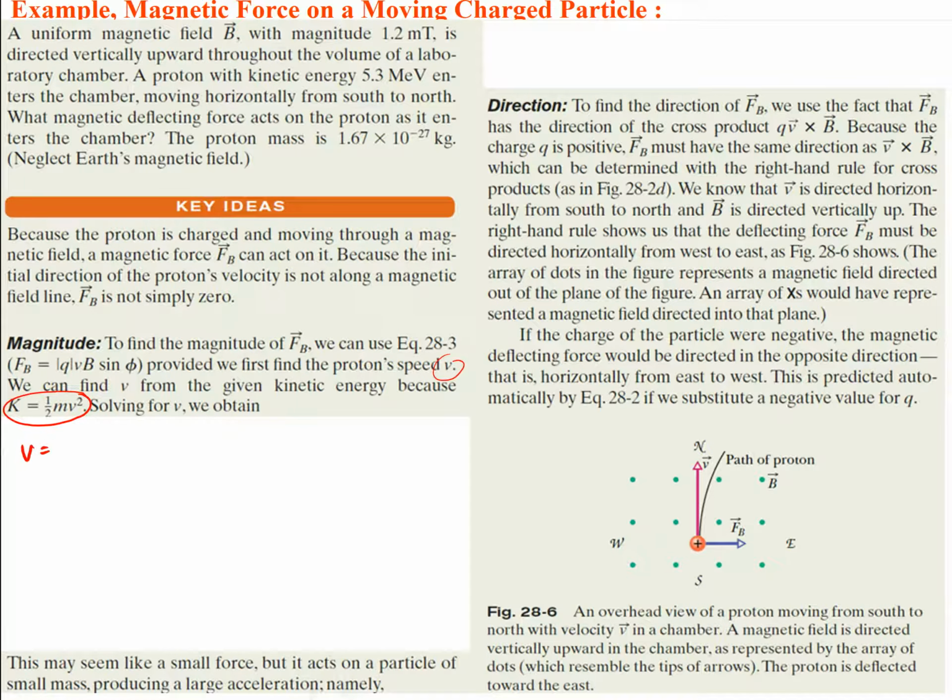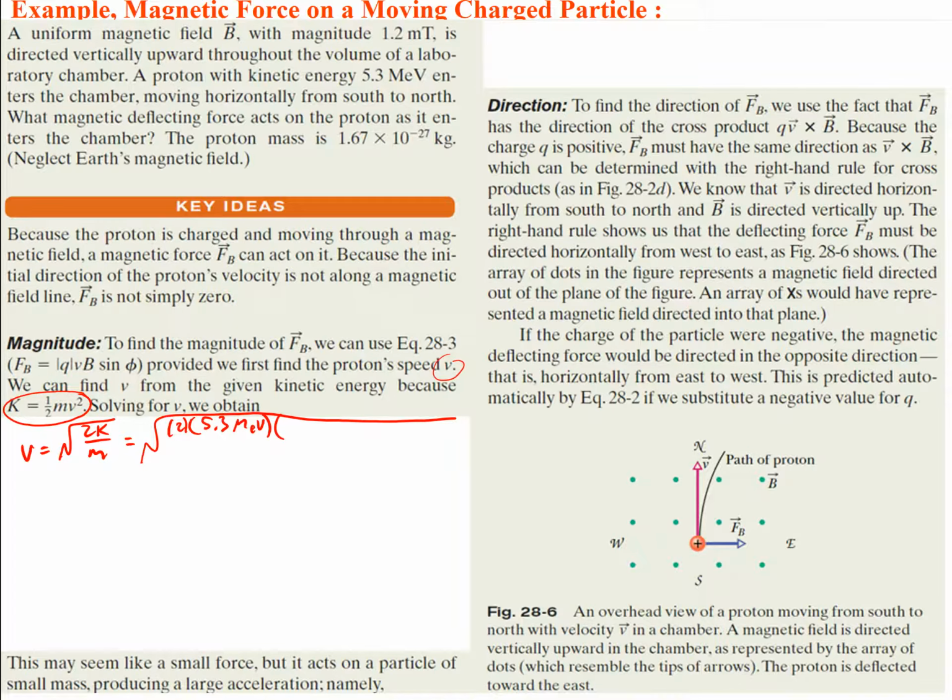Solving this equation for the velocity, we simply get that the velocity is going to be the square root of 2 times the kinetic energy divided by the mass. That's going to be equal to 2 times 5.3 mega eV, and we want to convert this into joules so that all the units work out.